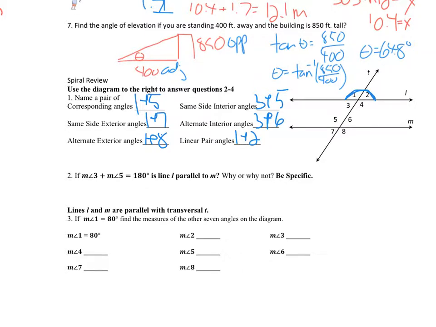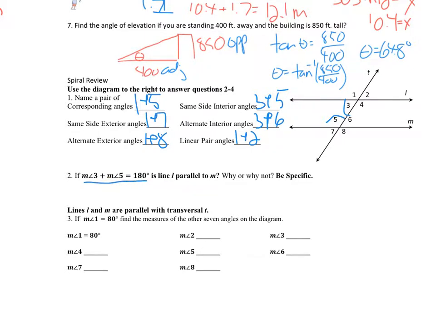All right, looking at number 2. We're talking about angles 3 and 5. So what type of angles are 3 and 5? 3 and 5 are same side interior, which if two lines are parallel, same side interior angles have to be what? They have to add up to 180, which means they are supplementary. So here they tell us that measure of angle 3 plus measure of angle 5 is 180.